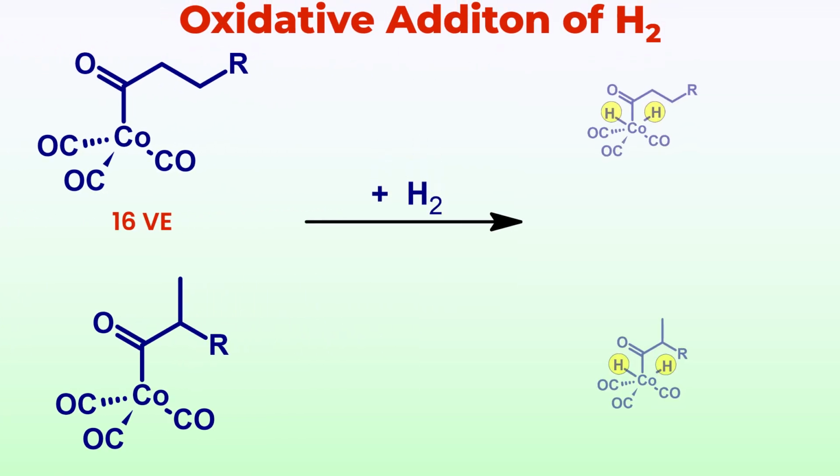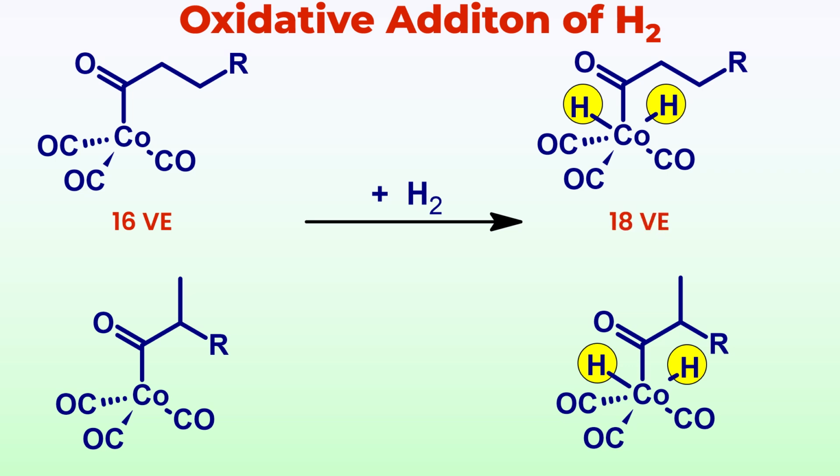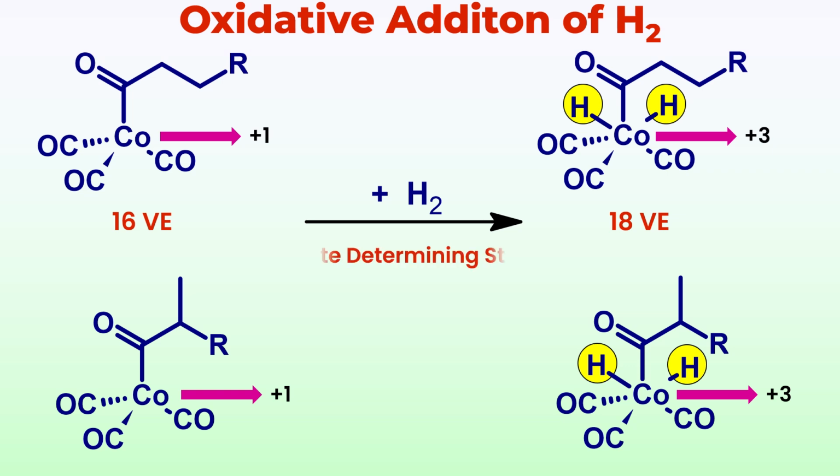In the next step, oxidative addition of H2 to the cobalt center occurs, forming an 18 electron complex. The oxidation state of cobalt is increased to +3 from +1. Remember, this is the rate determining step of the reaction.